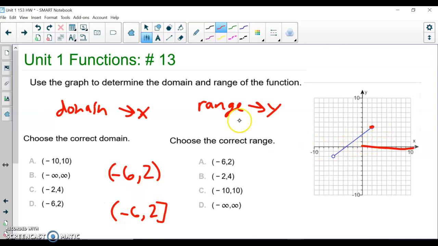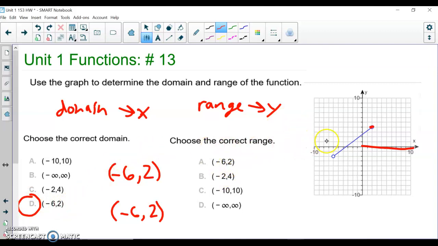But because it's an open circle, we use the parenthesis. The parenthesis means you can go as close as you can imagine to 2, but 2 itself is not included. Same thing with -6. It's a multiple choice question, so I'm just going to circle it. D is the answer.